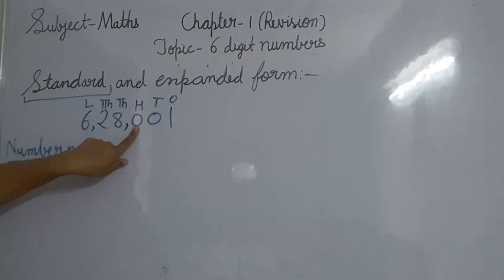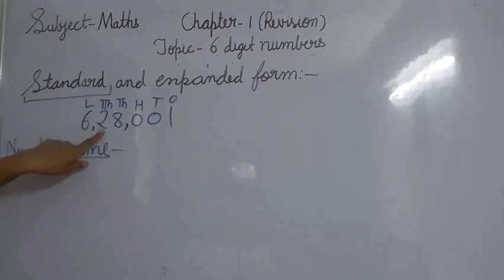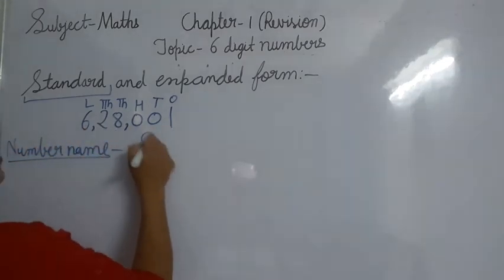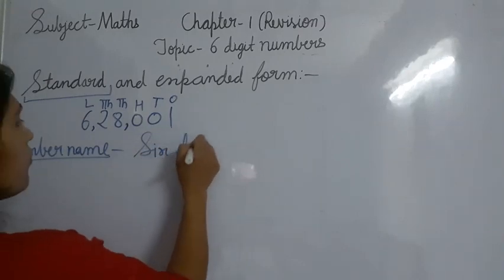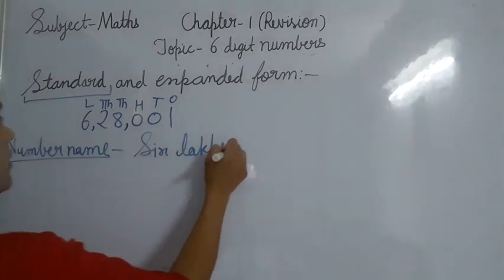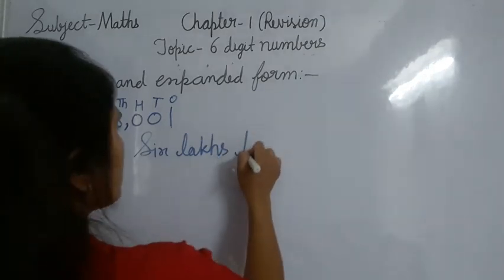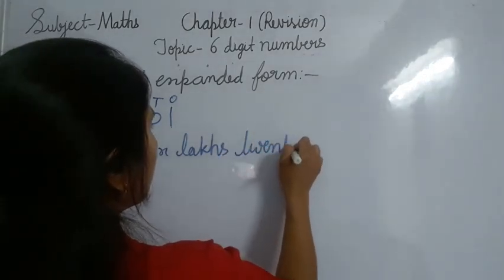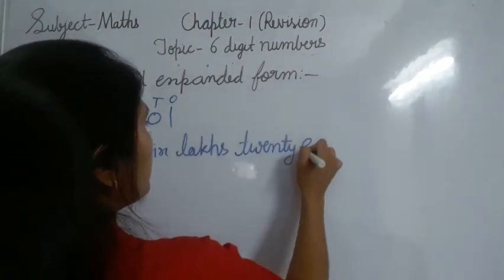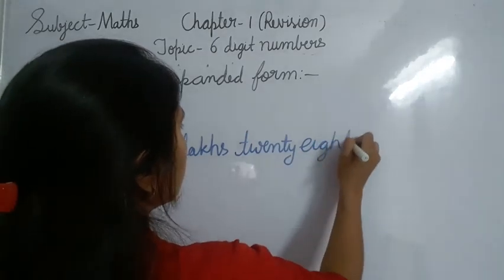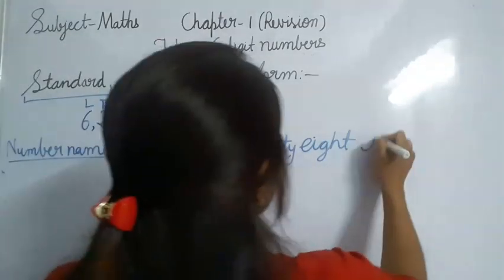6,28,000, and nothing is there on the 100 place, nothing is there on the 10 place, only 1. So 6,28,001. How will you write? 6,28,000.